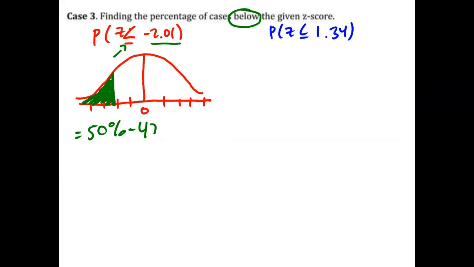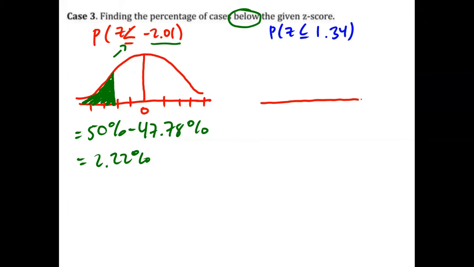So this is 47.78%. So on your calculator, so ako rin magsosolve. So 50 minus 47.78, we have 2.22%. Okay, so ganun lang.